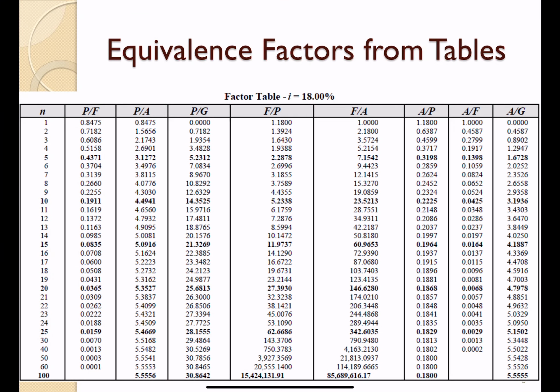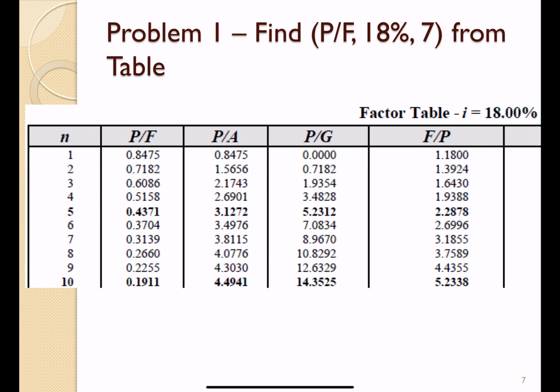So 18%, go look for the interest table with 18%. Let me zoom in on this table. We're looking for given F find P, so it's basically the second column you have there.